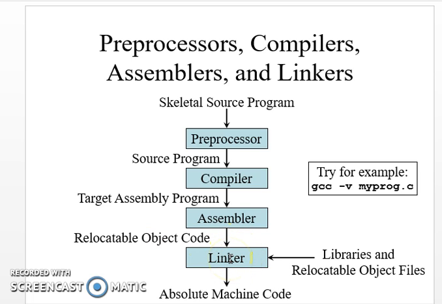Finally, it links all modules with the libraries and produces the absolute machine code, which is understood by the machine, written in zeros and ones. So finally, after all these software work together, we get an object code in zeros and ones.